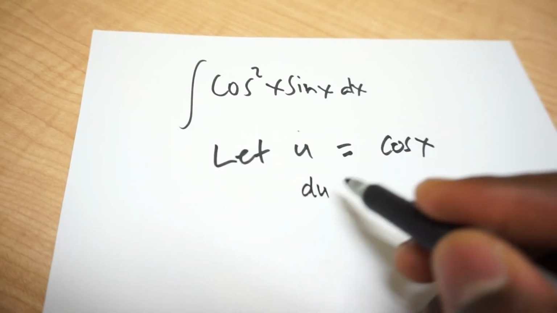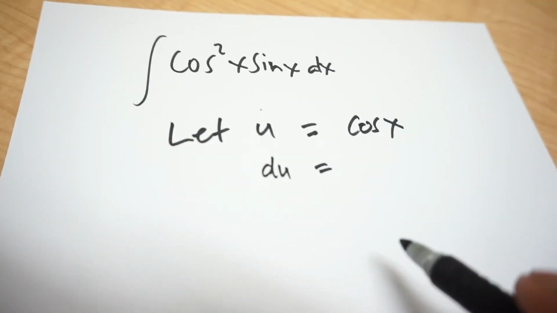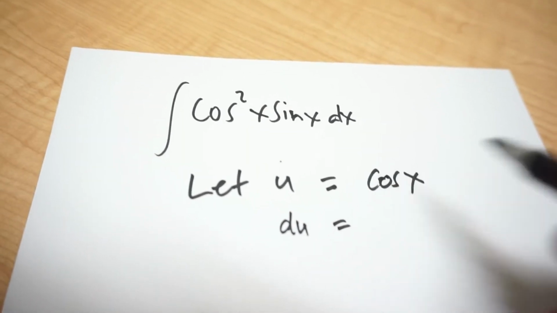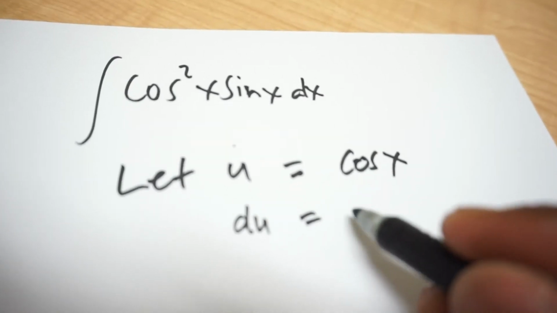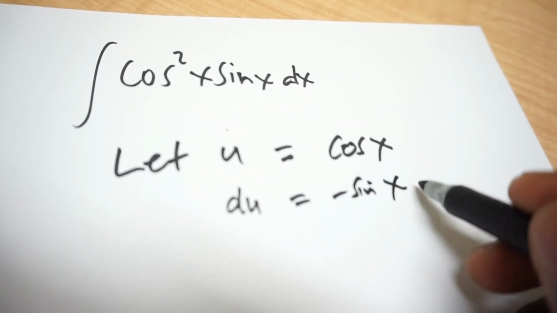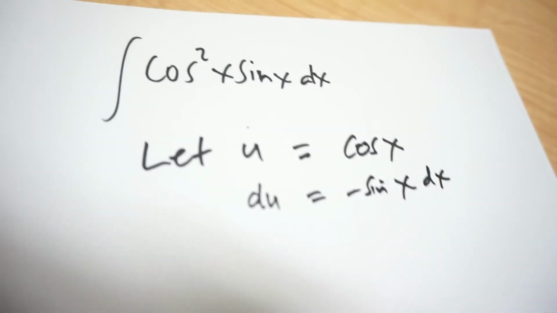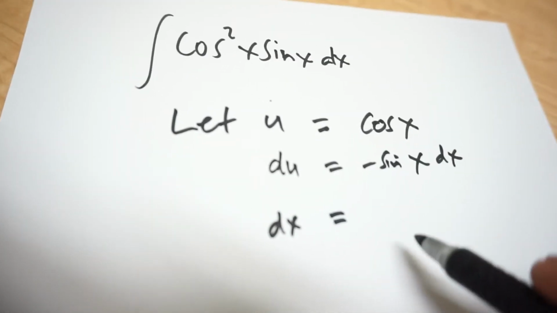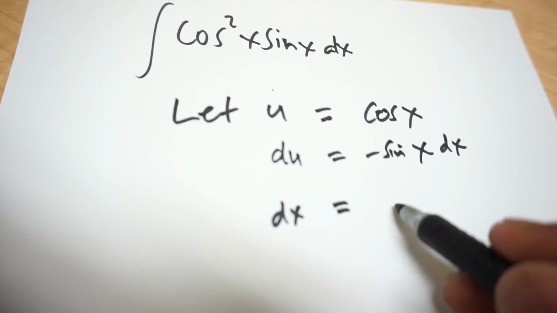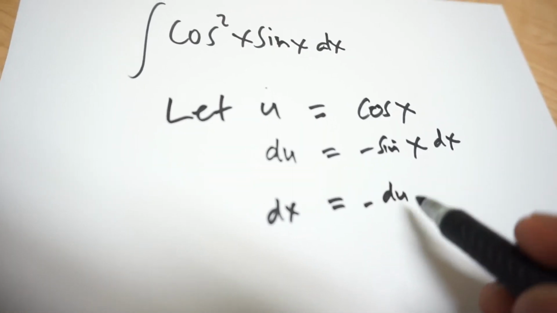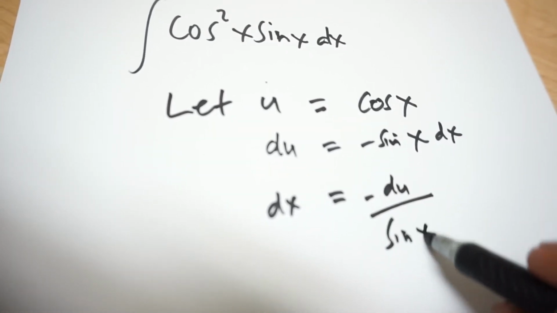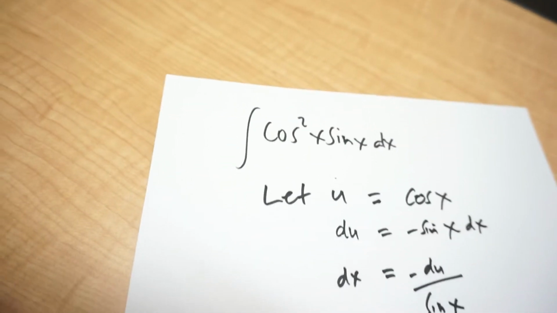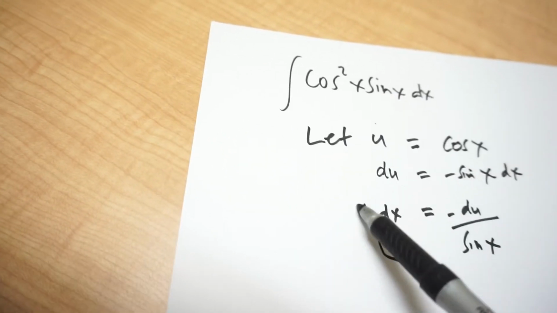So that will leave me with du on the left side, and then the derivative of cosine is the same as negative sine x dx, okay? Always remember that. And then making dx the subject of the formula is gonna give me negative du over sine of x. So that's my dx right there.